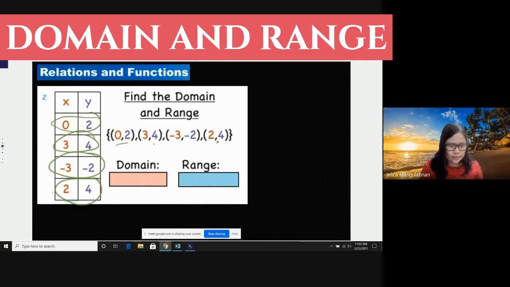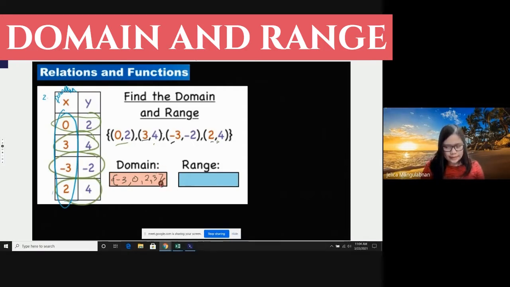Take note that the x values are the domain. So let us write all the domains. We use a bracket and start with the lowest number. The negative number comes first: -3, followed by 0, +2, and then +3. Those are the domains.